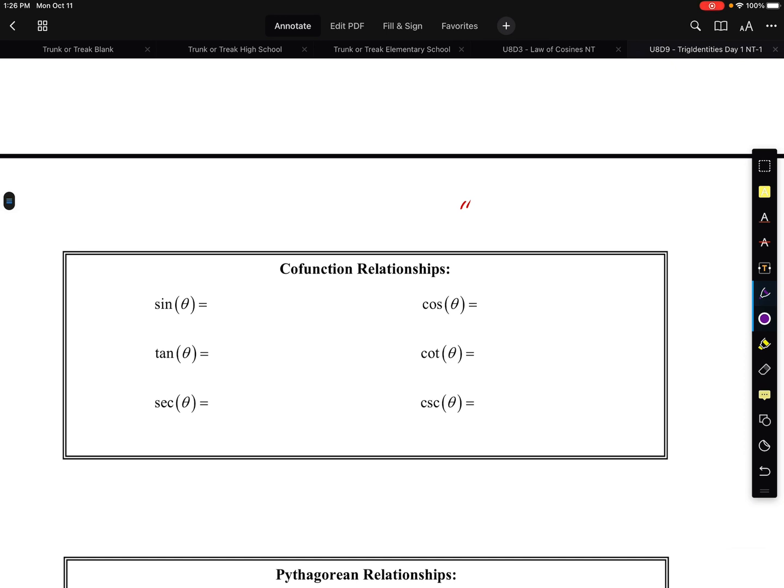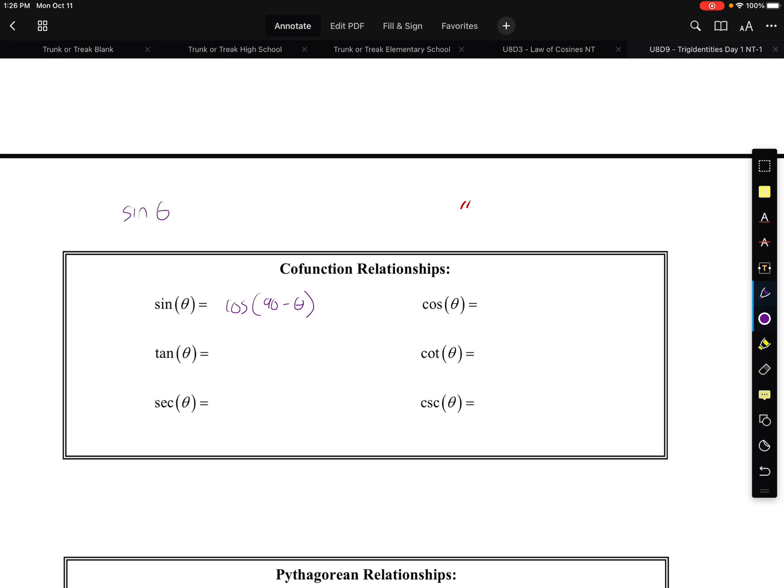Another section that's not overly important to what we're doing is cofunction relationships. What this is saying is that sine theta will always equal cos of 90 minus theta.